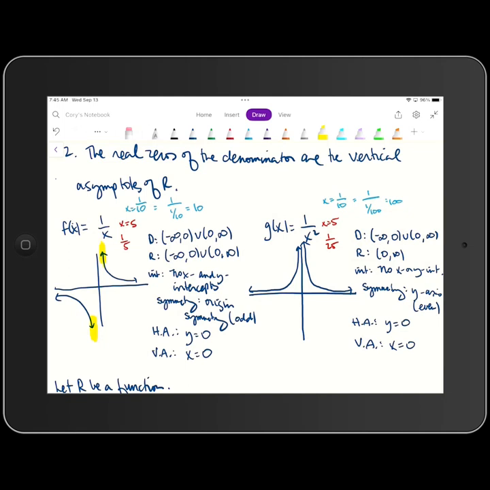When the 0 in your denominator has even multiplicity, like the function g of x equal to 1 over x squared, that means that as you approach the vertical asymptote from each side, your graph is going to go in the same direction. So in this particular case, as we approach that vertical asymptote at x is equal to 0 from both the left and the right, both sides go to infinity.